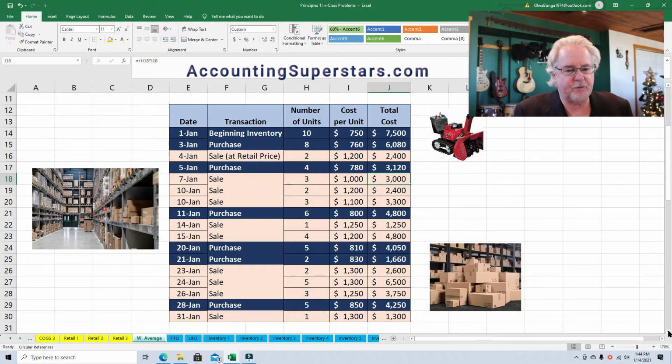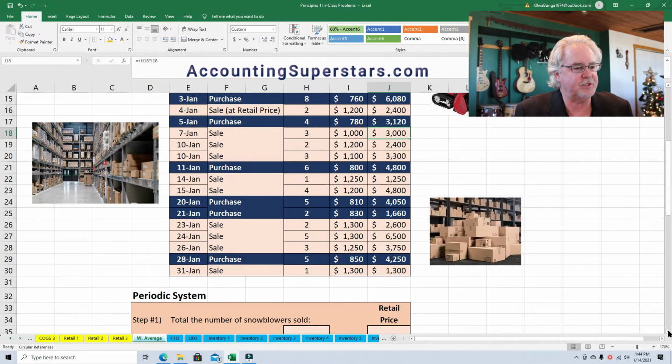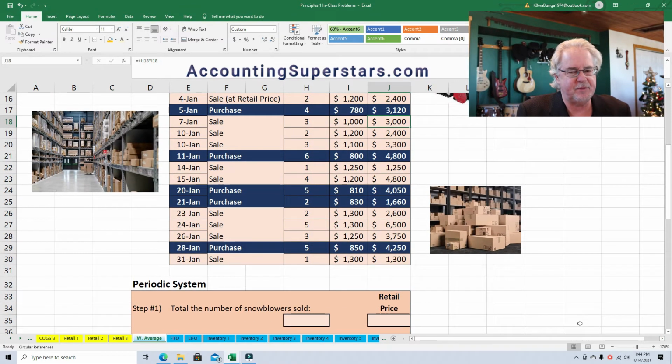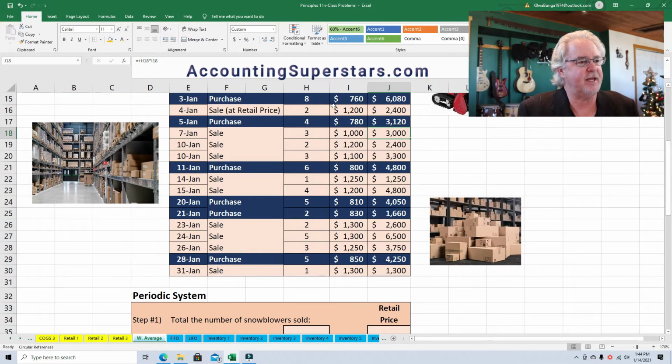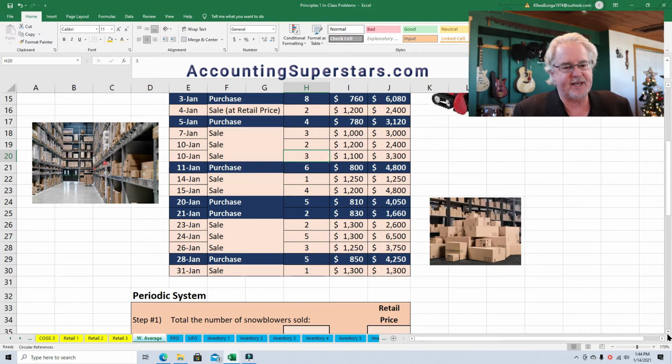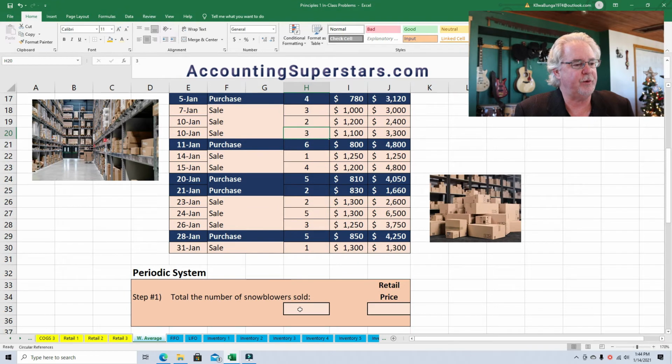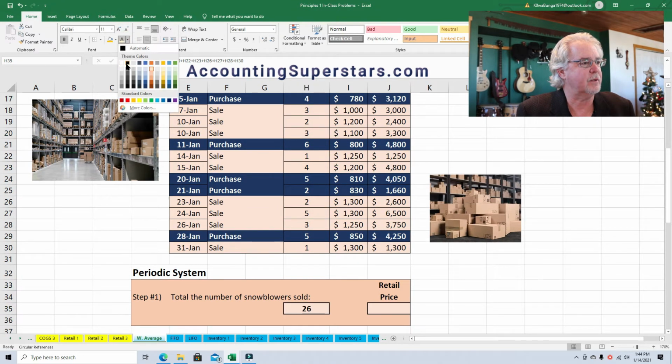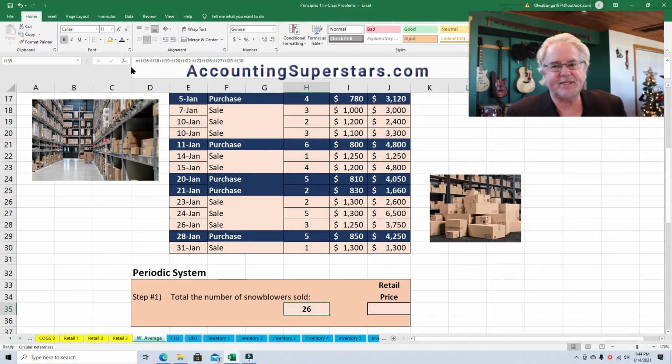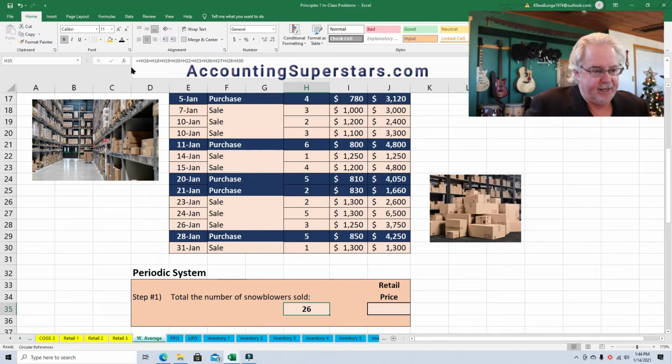Coming down here, we're first going to figure out how many snowblowers he sold and what was the retail price of the sales. From our upper chart, he sold 2 and he sold 3 and another 2 and another 3. We add up all the sales, and we get a grand total of 26 snowblowers sold.